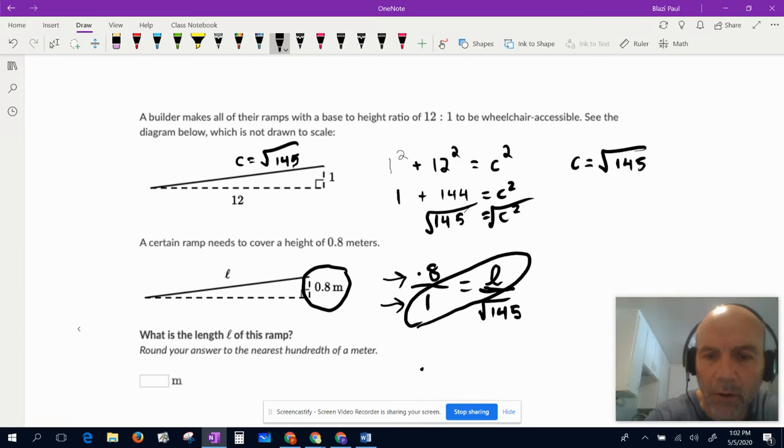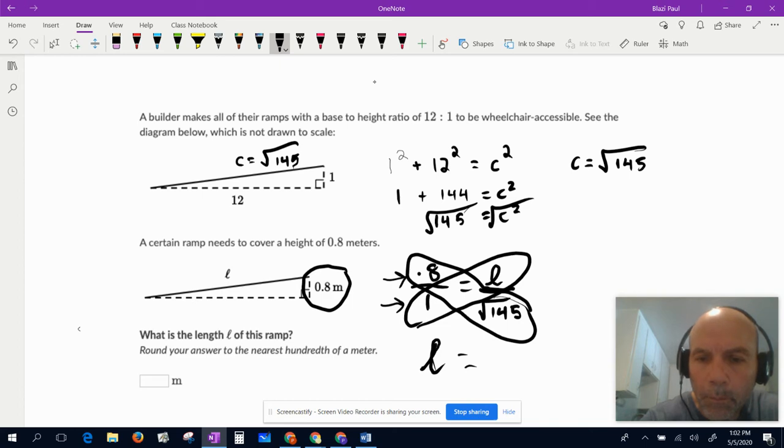Well, L times 1 is just L equals, cross multiply here, 0.8, let me put these in parentheses, times the square root of 145.